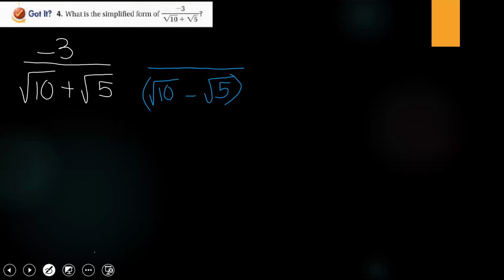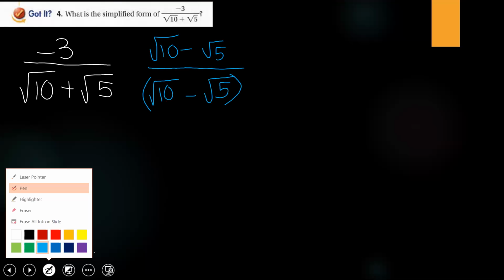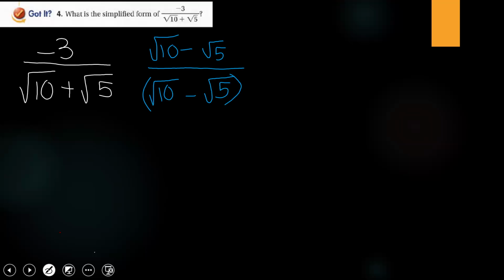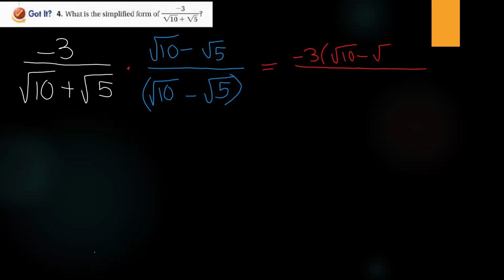Thank you, Farah. Now then, since we multiply the denominator, we have to multiply the numerator with the same difference. Then after that, in the numerator we have negative 3 times square root of 10 minus square root of 5.